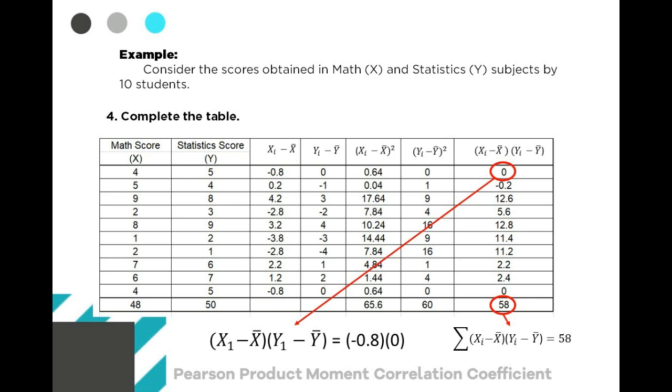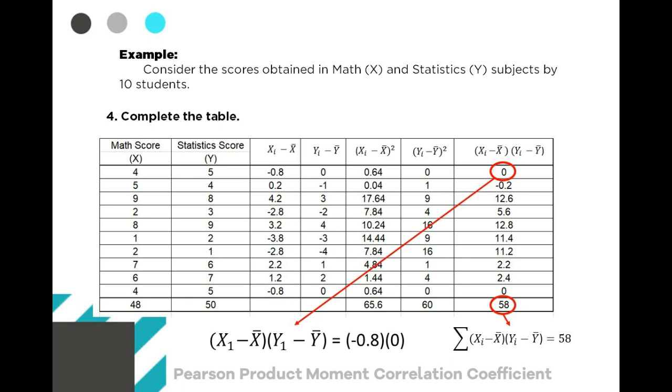Okay, then we derive 58 as the summation of x sub i minus the mean of x times y sub i minus the mean of y.